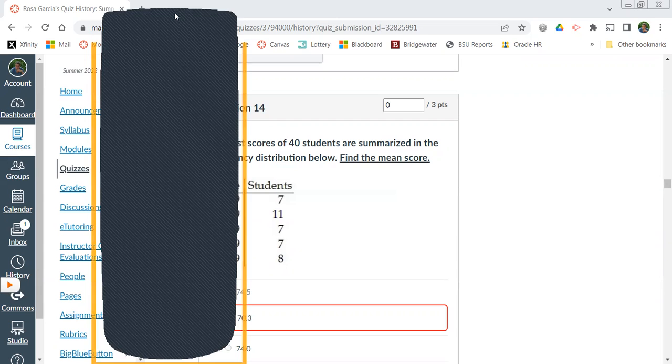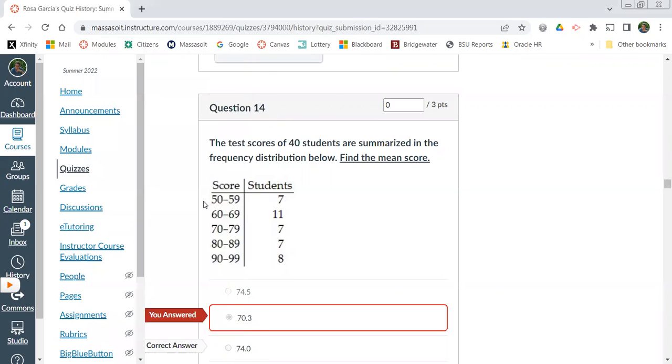Because you don't have the exact raw score. The first one would have been 54.5.